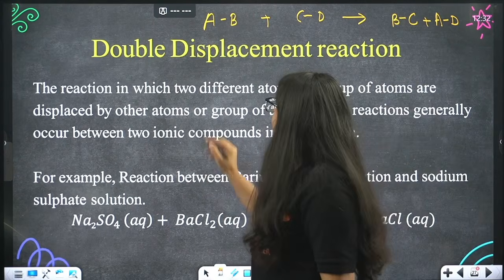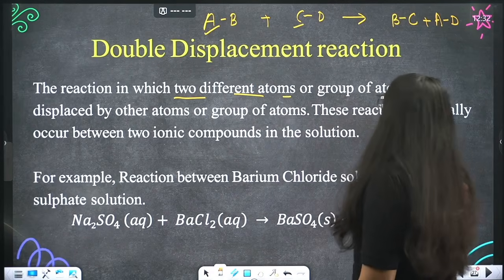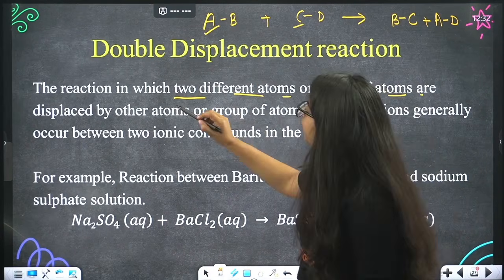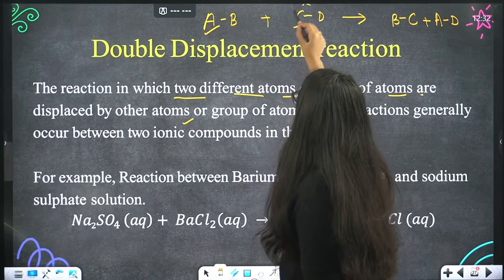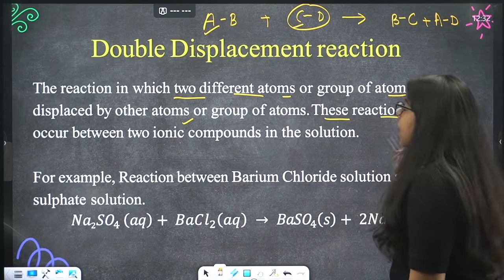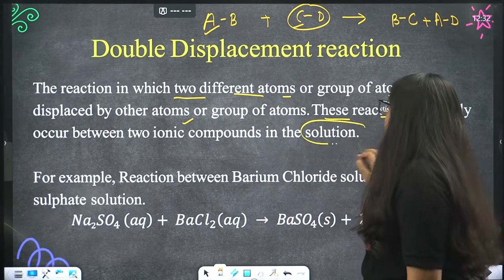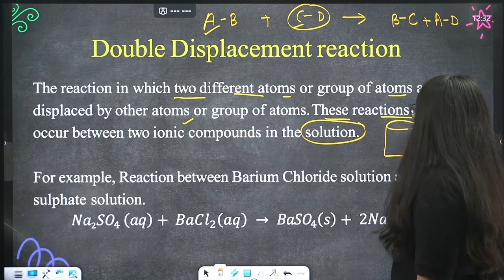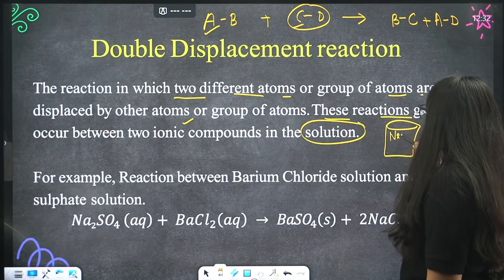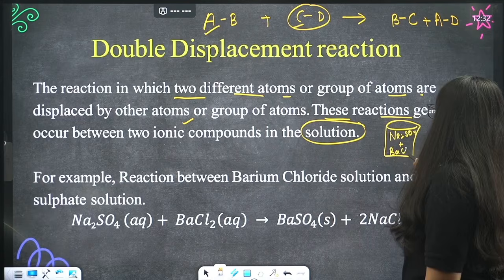So a reaction in which two different atoms or groups of atoms are displaced by other atoms or groups of atoms. These reactions generally occur between two ionic compounds in solution. So beta, you have Na2SO4 in that beaker plus BaCl2 in that beaker.